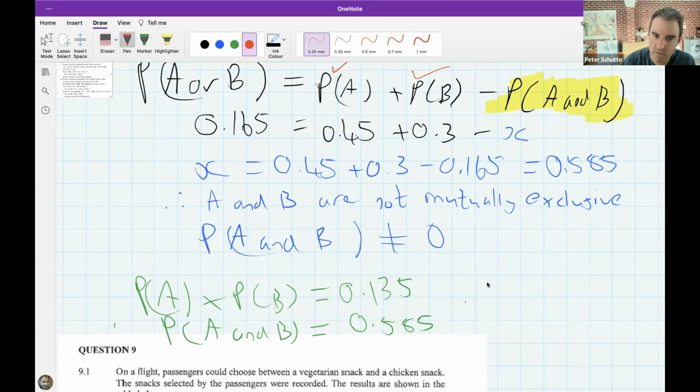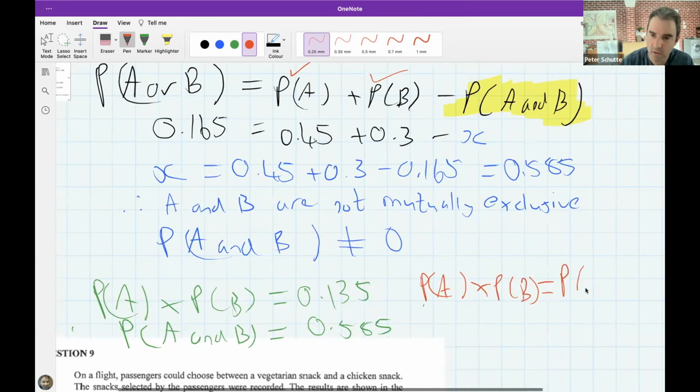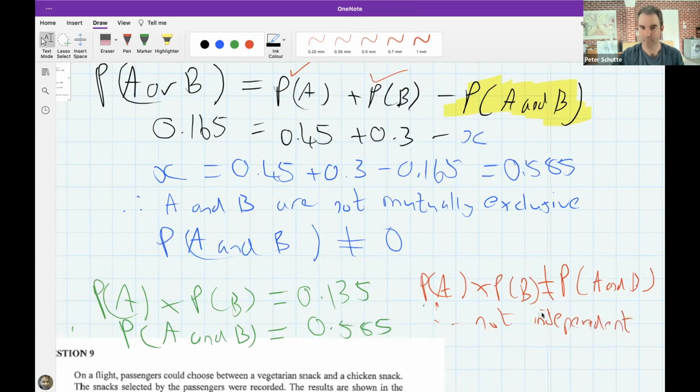So because this times this does not equal that, so not equal, therefore they're not independent. And that's it.